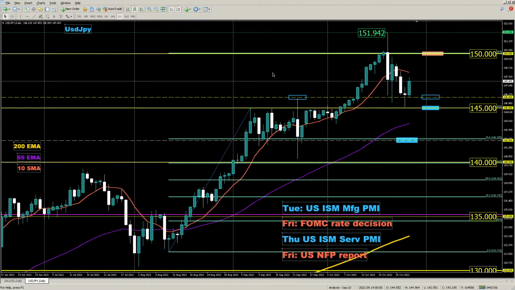All right, so also a critical week for the dollar against Japanese yen, with the Federal Reserve and non-farm payroll. And do again continue to watch out for any long positions for potential BOJ interventions.